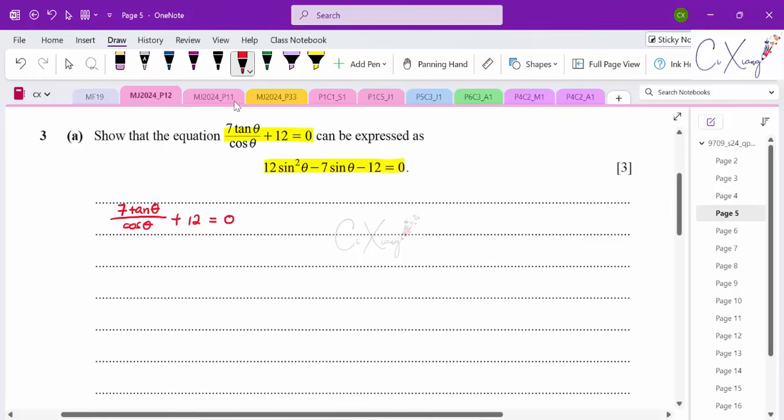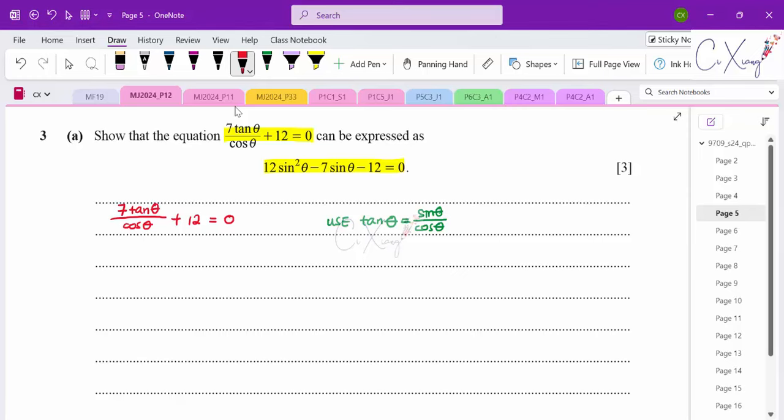Okay, so for the first step, I want to change the tangent theta to sine over cos, because tangent has no sine, but if I make it a fraction, it will have sine over cos. So you are getting something related to sine here, okay? So 7 I just copy as 7, cos theta I copy as cos theta. So tangent theta means you can change it to sine over cos.